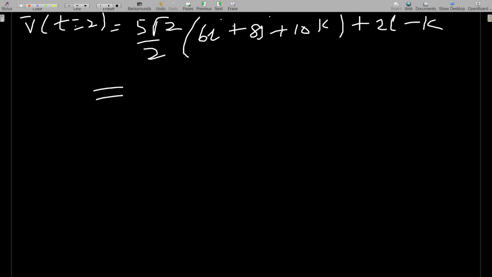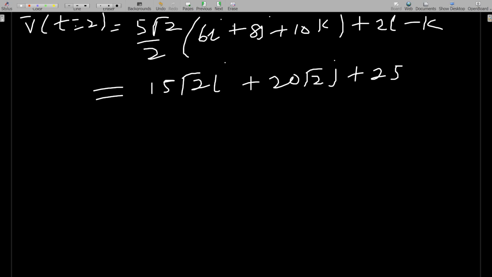You multiply through that, and what you get is 15 root 2 i plus 20 root 2 j plus 25 root 2 k, all plus 2i minus k.